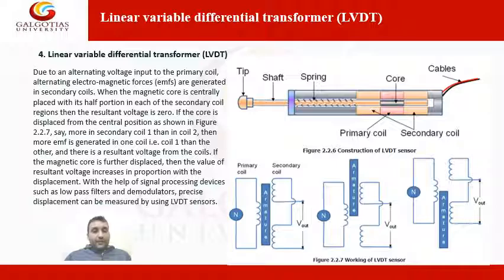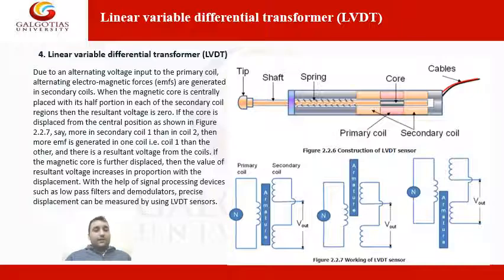So, in continuation of the last slide, due to an alternating voltage input to the primary coil, an alternating electromotive force, that is EMF, is generated in the secondary coils. When the magnetic core is centrally placed, with half of its portion in each of the secondary coil regions, the resulting voltage is zero. If the core is displaced from the central position, as shown in this figure, say more in coil 1 than in coil 2, then more EMF is generated in one coil.